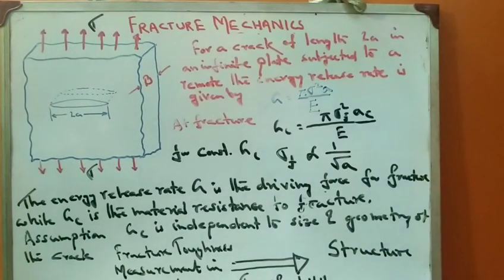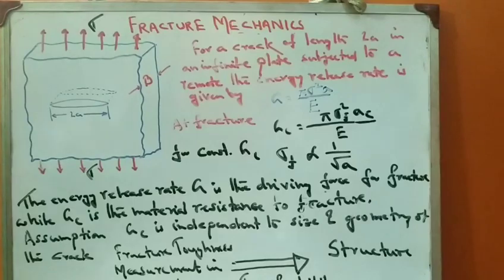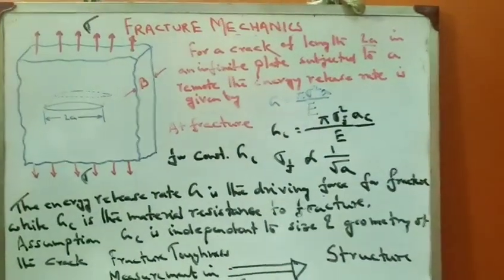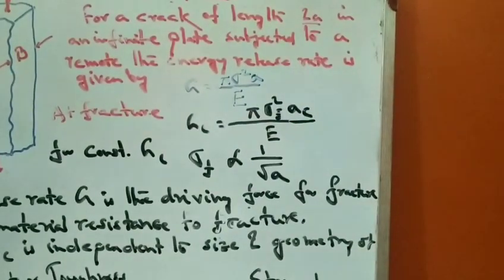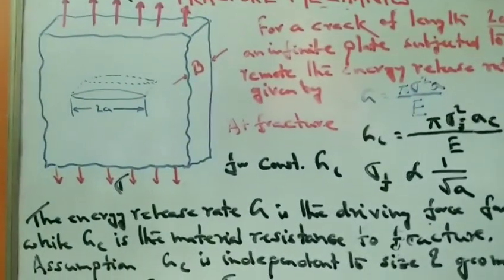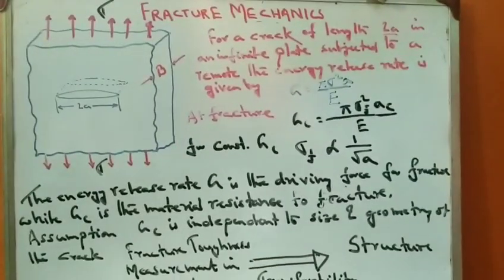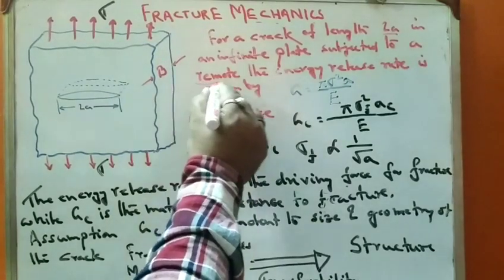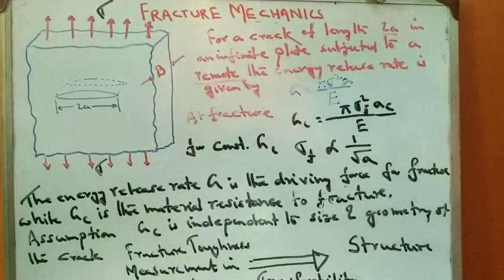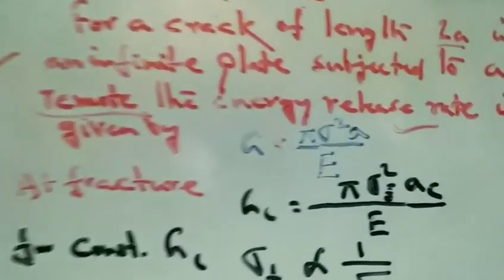As I discussed previously, for a crack of length 2A in an infinite plate, as marked by these dimensions, subject to a remote stress sigma, the energy release rate is given by G equals pi sigma squared A by E.